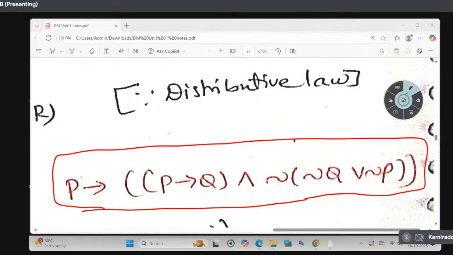What is the last value that you are getting? Just tell me. Anyone finished? Anyone completed? So last two terms I want. So what are those two terms? Anyone?